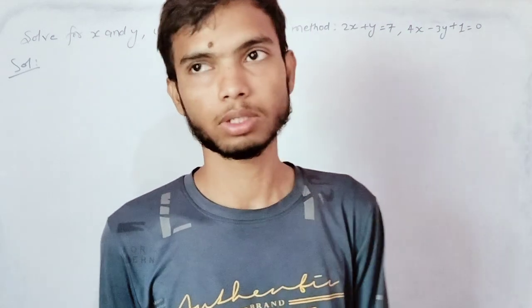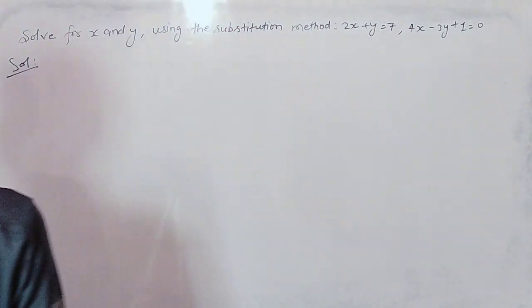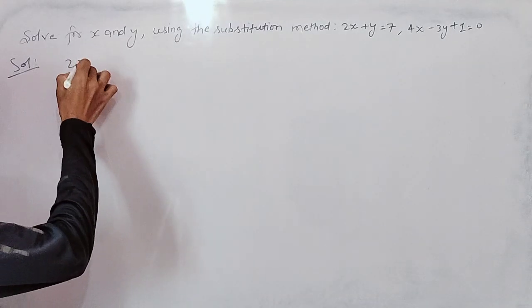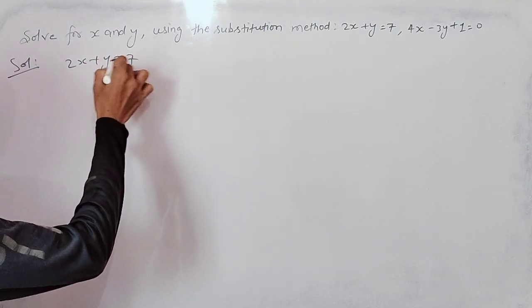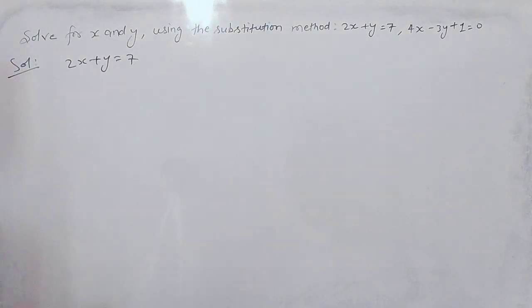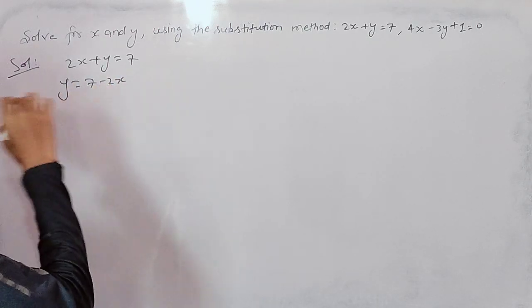By using substitution method, we will solve these two linear equations in two variables. Let's begin from 1. 2x plus y is equal to 7. Now here, one variable we will take one side and all terms we will shift to the other side. y is 7 minus 2x.